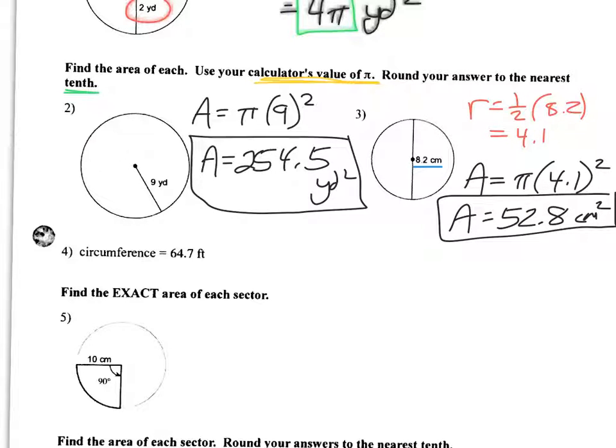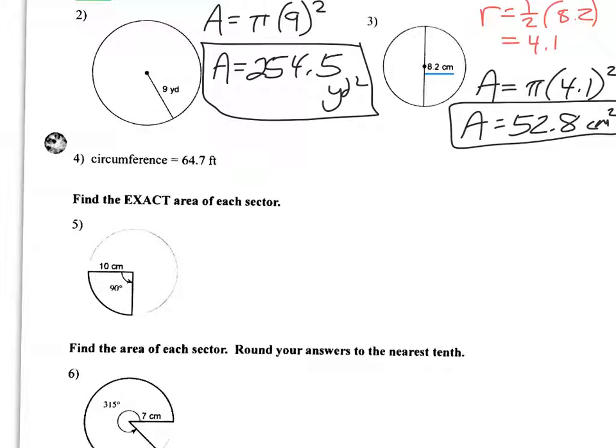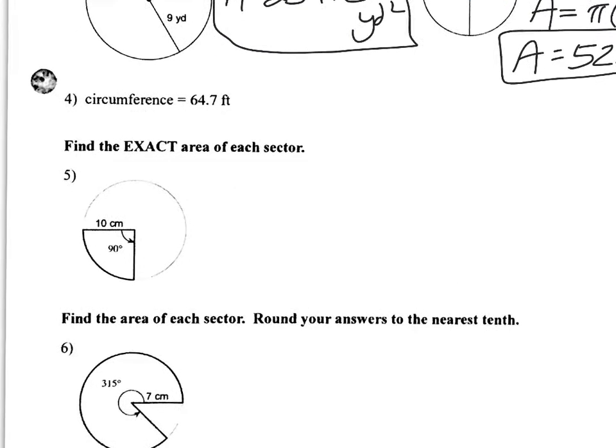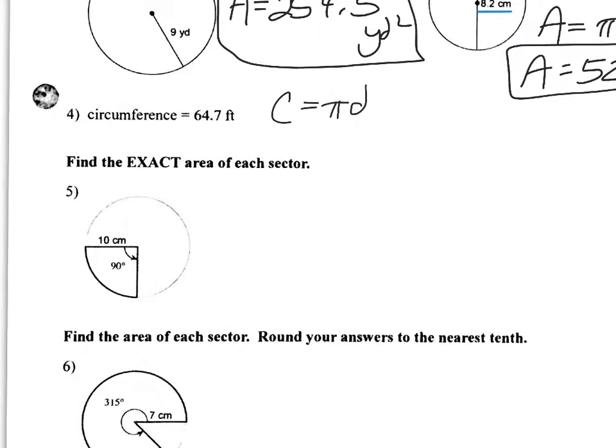All right, what about problem number 4? Problem number 4, it gives us circumference. Okay, so now we got to go back and remember circumference. Circumference is pi times diameter, or circumference is also 2 pi r. Well, I'm going to use this one. And the reason I'm going to use that one is because I need radius for the area formula. Okay, so it tells me circumference is 64.7.